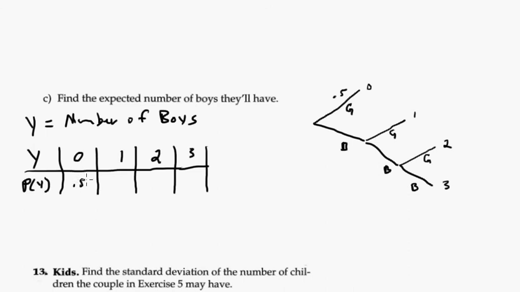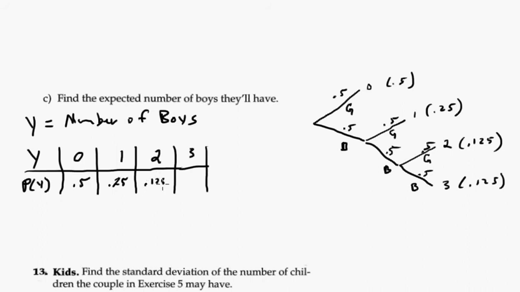And then 0.5 times 0.5, so 0.25, right? And then this would be 0.5 times 0.5, so that's going to be 0.125. And same here, 0.125.